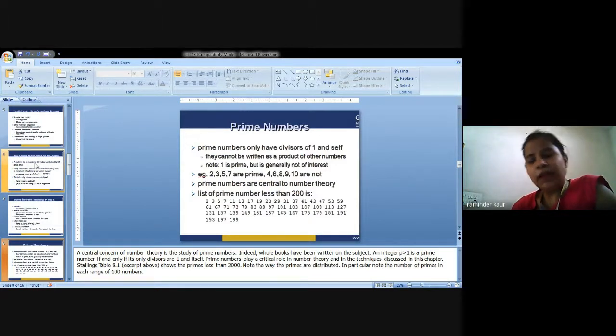You can just have a look at these high-end numbers; they could not be factorized. So that is why they are called prime numbers. They are multiplied by only either 1 or themselves. 83, 1 into 83 is 83.